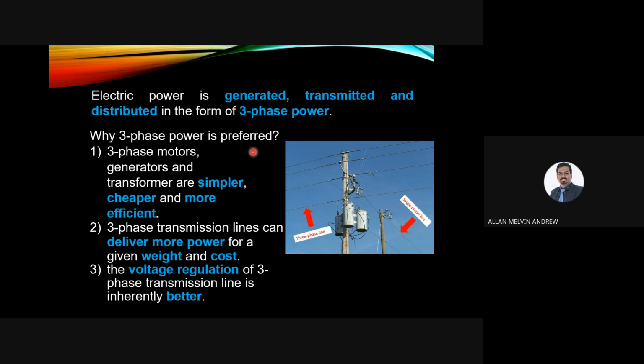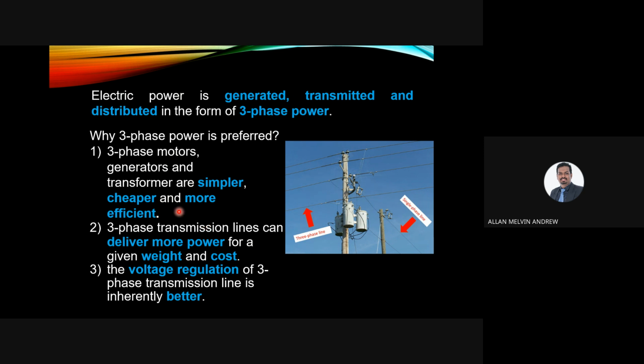Why is three phase power preferred? Because three phase power motors, generators, and transformers are simpler, cheaper, and more efficient. We want continuous power, so we must have a system which can provide continuous electricity in a simple, cheaper, and more efficient way.